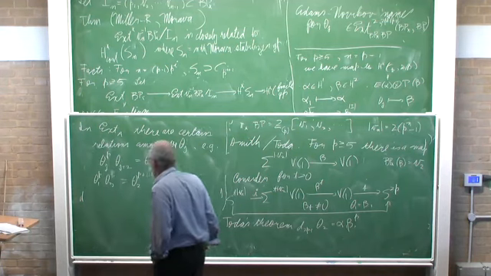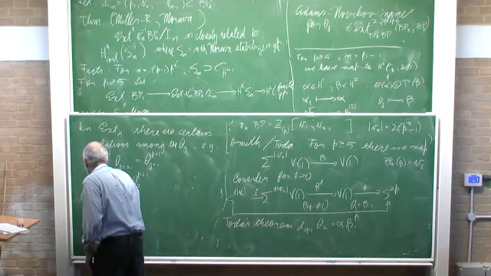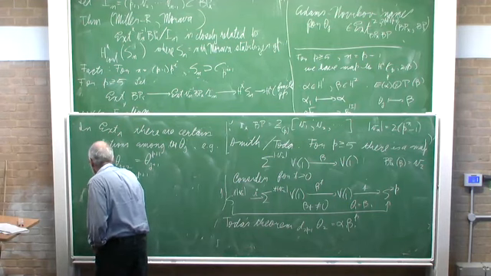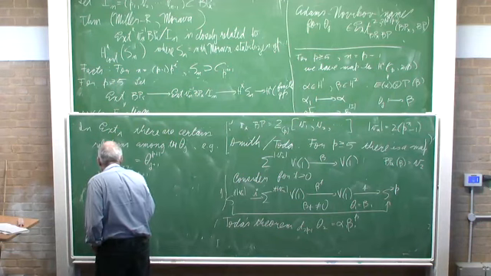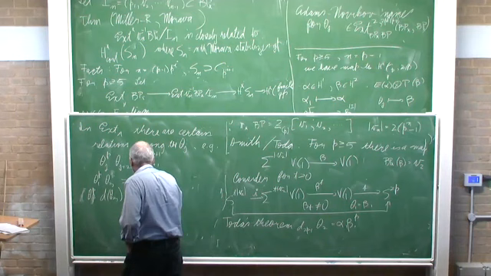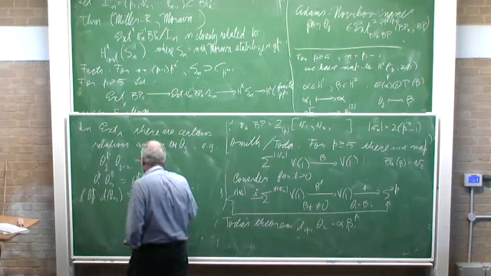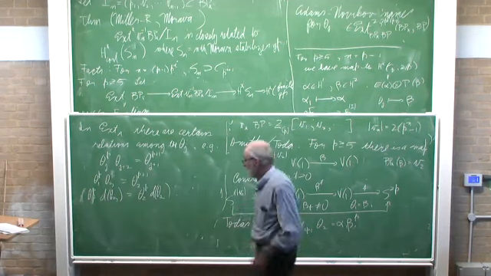Now, we know that theta 1 is a permanent cycle. And on this side, we can use the Leibniz rule, and we can get a formula like this.